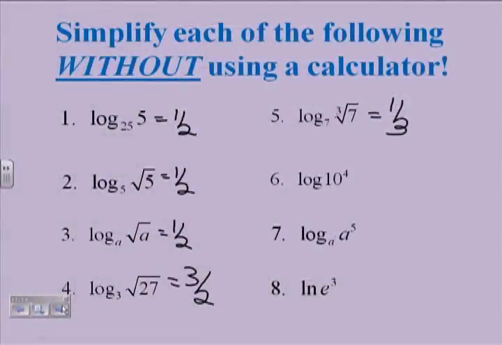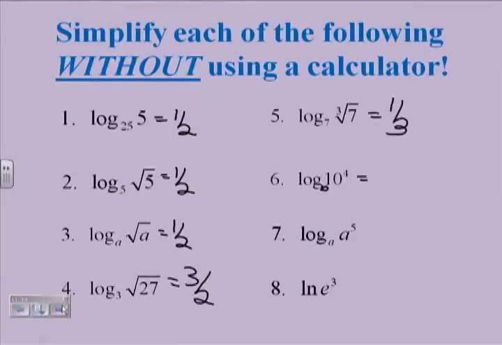Number 6 looks like I forgot something, but remember, if the base is not written and you see log, that is base 10. So this is really so obvious that sometimes it's hard. To what power would I raise 10 to get 10 to the 4th?